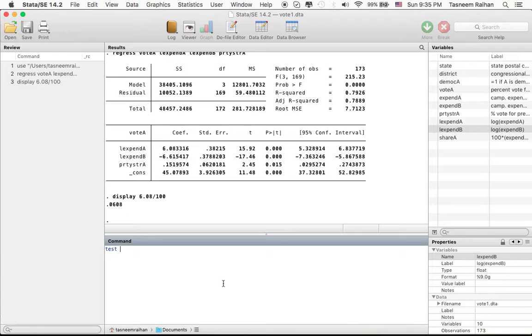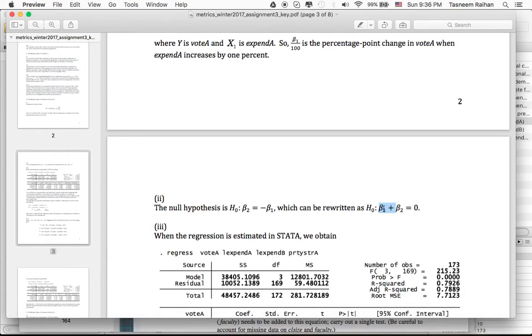So beta 1 is associated with basically L expand A.